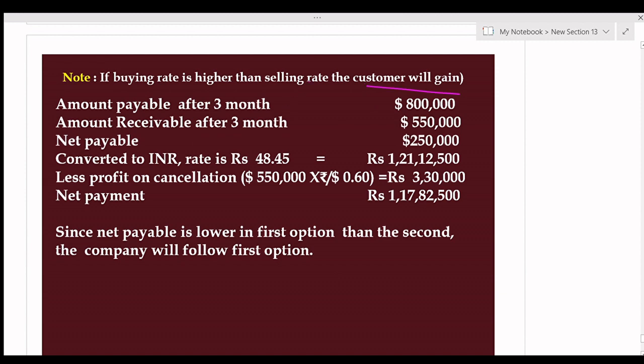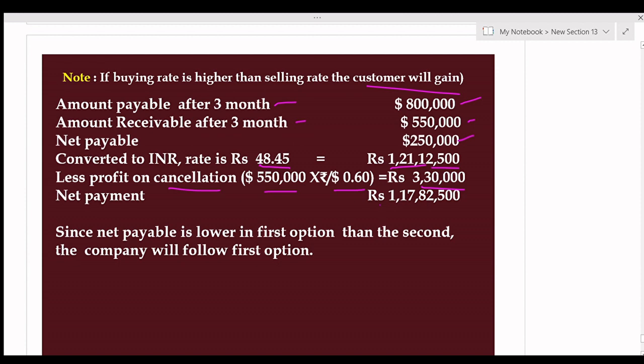Amount payable after 3 months is $8 lakh. Amount receivable after 3 months is 5,50,000. Net payment is $2,50,000, converted to INR at rupees 48.45, which was already computed earlier. That is 1 crore 21 lakh 12,500. Less profit on cancellation, 5,50,000 multiplied by 0.60, which is equal to rupees 3,30,000.